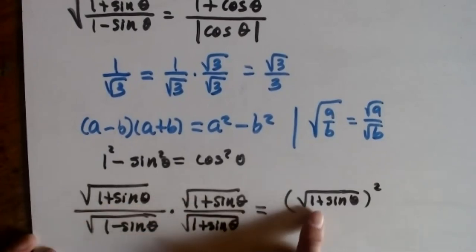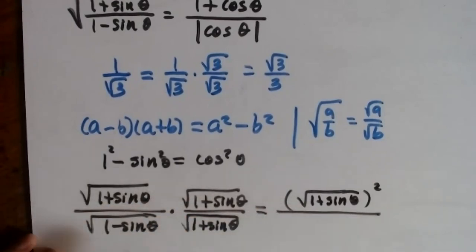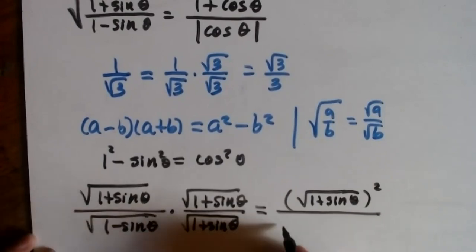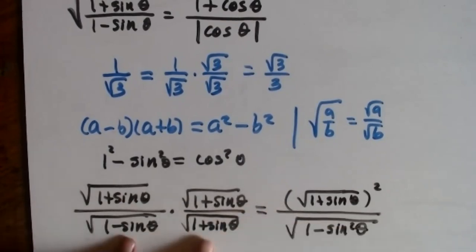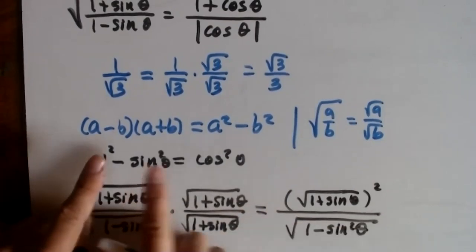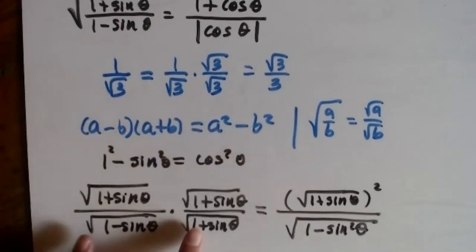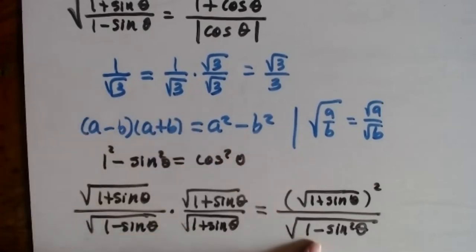So this times this is this squared, over the square root of 1 minus sine squared theta. Why? Because if you multiply the same thing with different signs, you get the difference of the squares. So this is 1 squared minus sine squared.